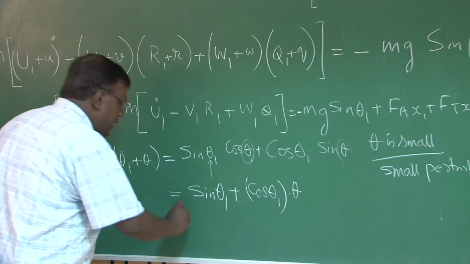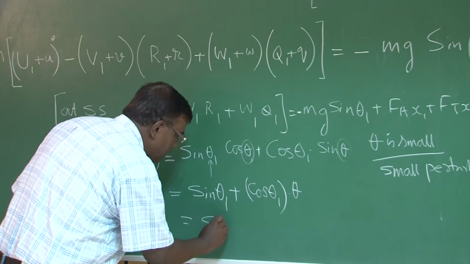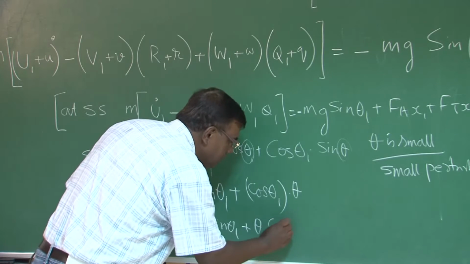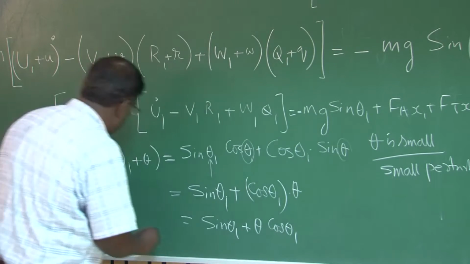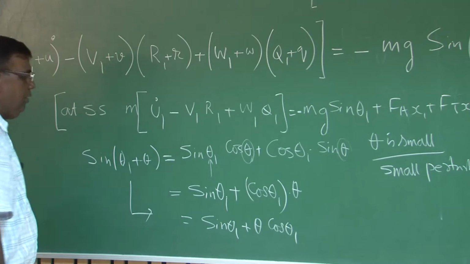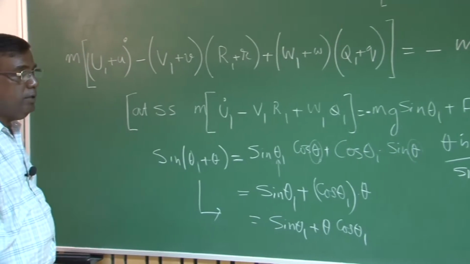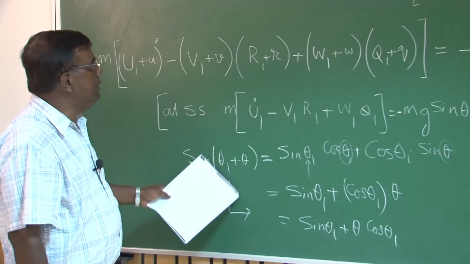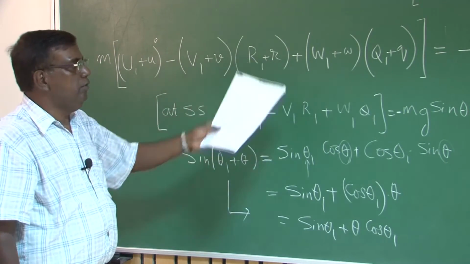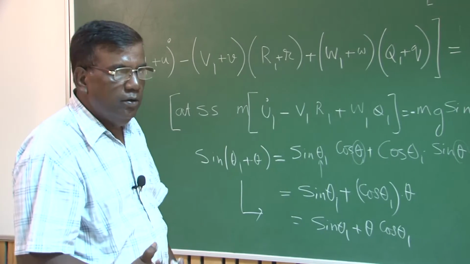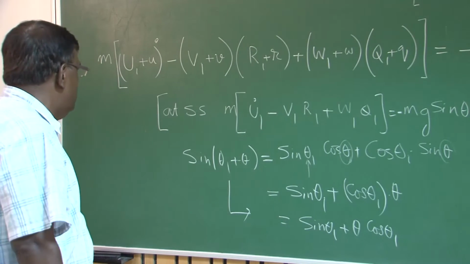So a better way of writing this is sin theta 1 plus theta cos theta 1. This is the simplification of this expression. If these things are clear to us, we will be using this expansion to find a neater, more meaningful piece of information. So what do I do?